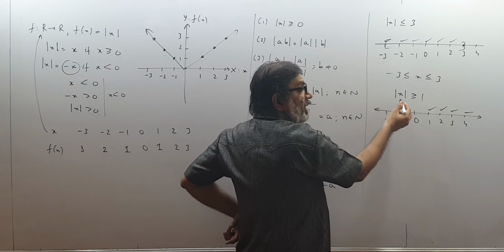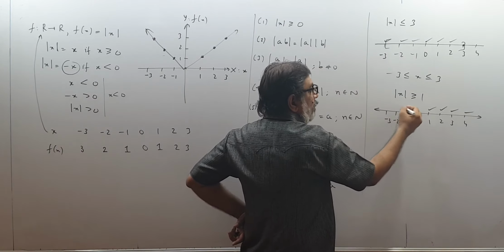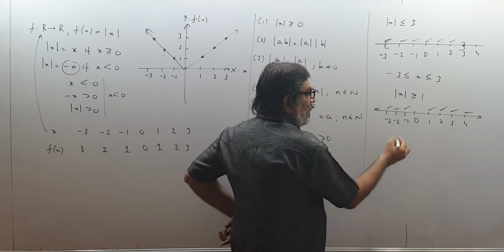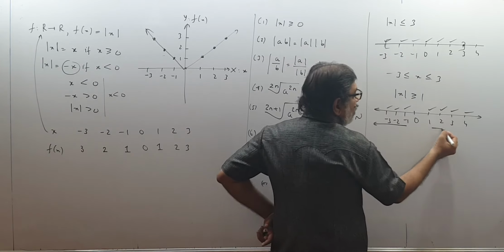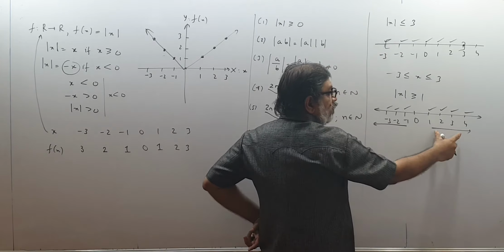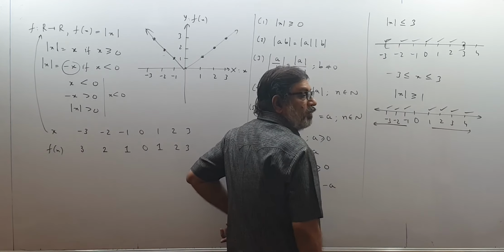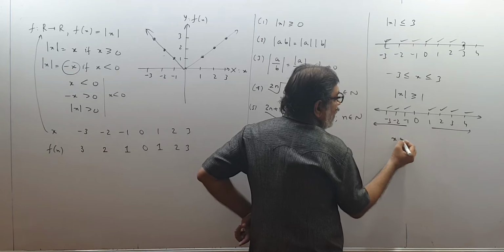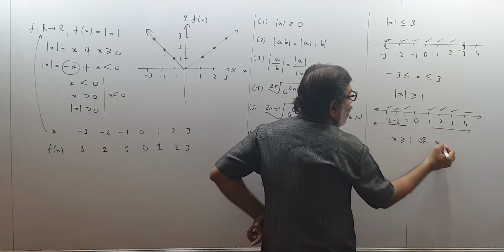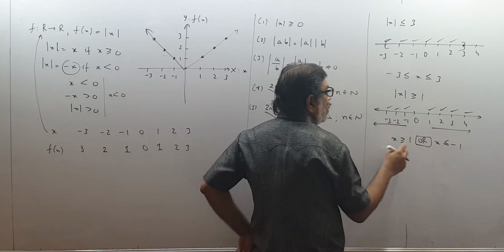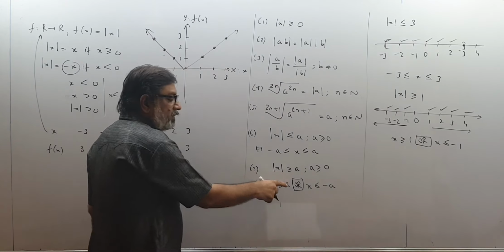Minus 1? Yes. Minus 1 mod will be 1, equal to 1. Minus 2, minus 3. That means x is here or x is here. This means x is more than equal to 1 and this means x is less than equal to minus 1. So what do I write? x greater than equal to 1 or x less than equal to minus 1. See? Same thing over here.